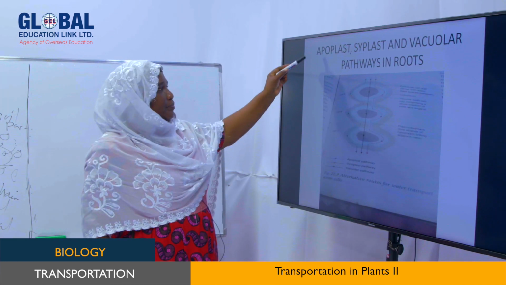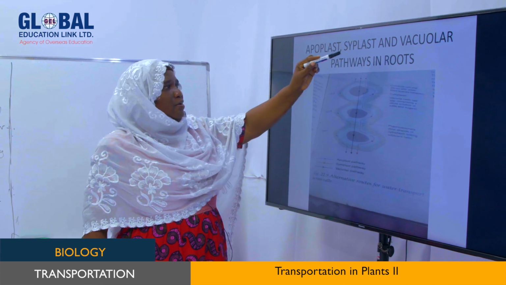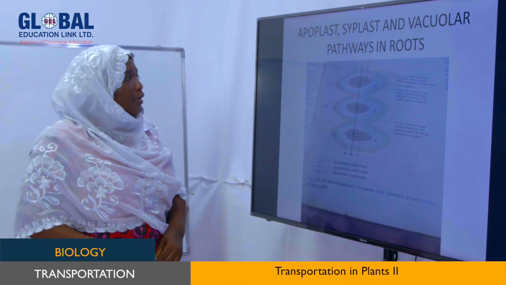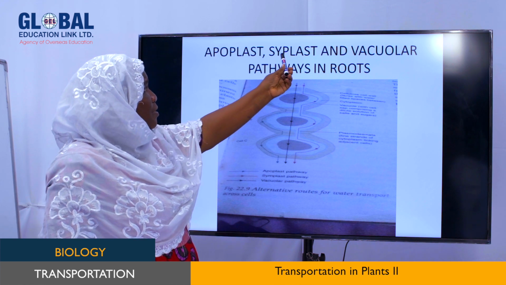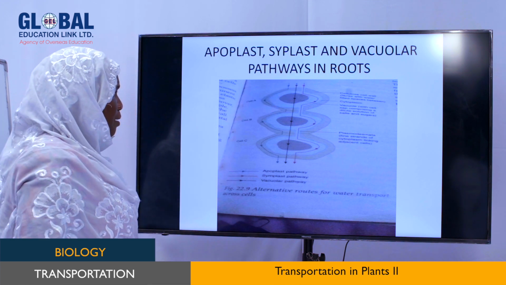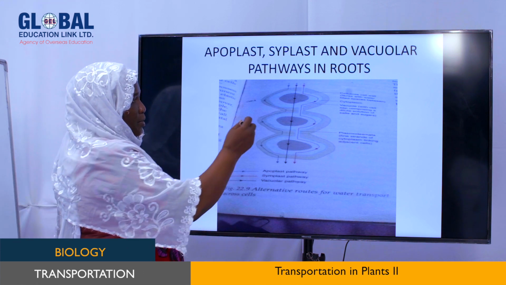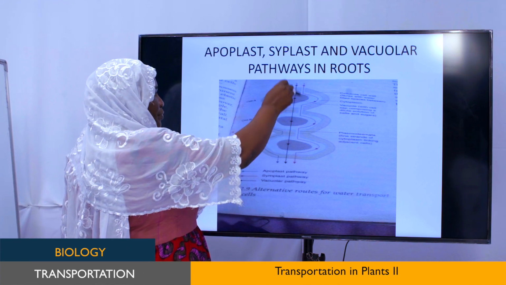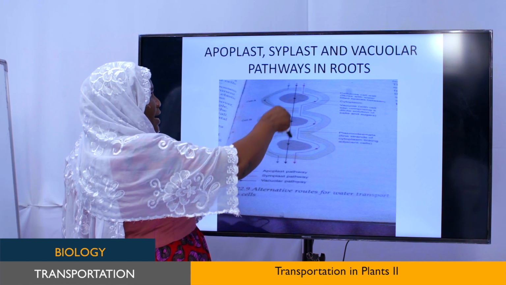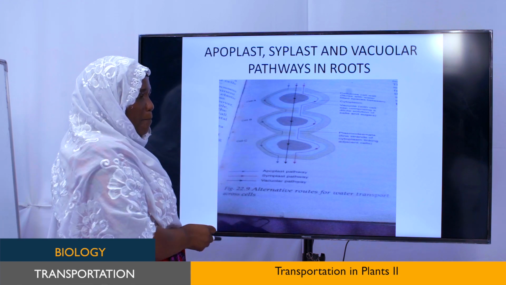In this diagram, all three routes have been indicated. That is the apoplast pathway, symplast pathway, and the vacuolar pathway. You see this arrow here in the middle. This arrow indicates the vacuolar pathway.